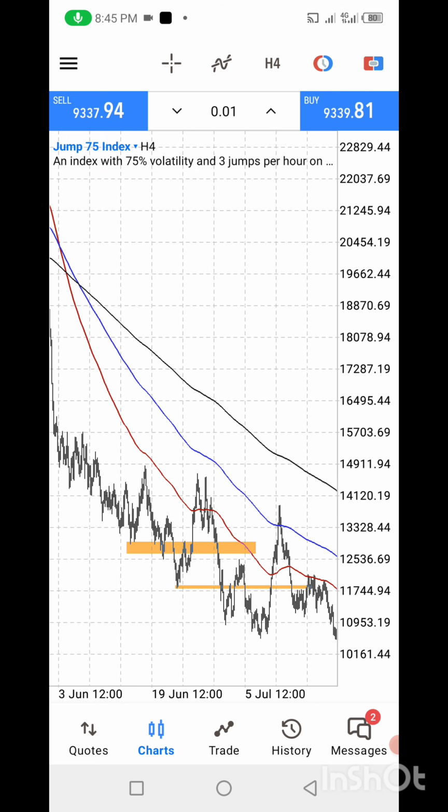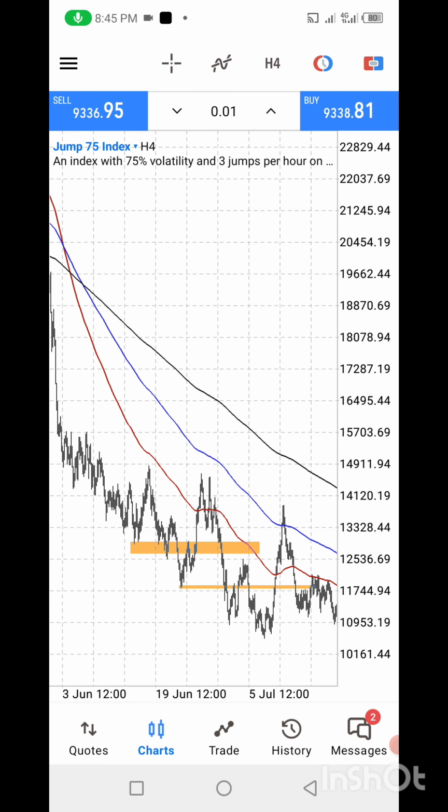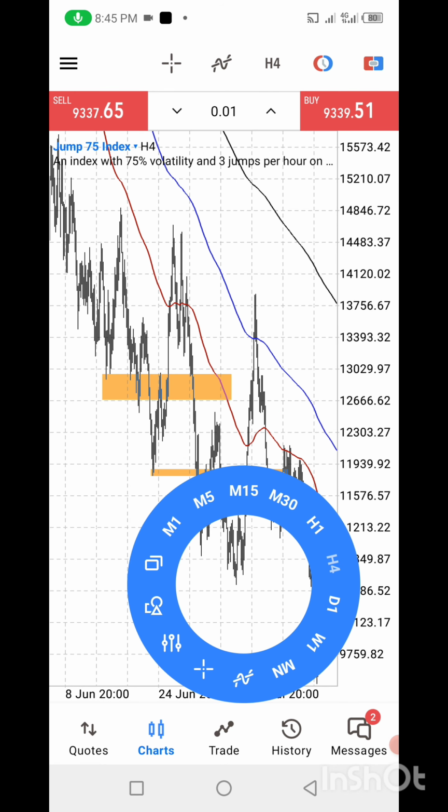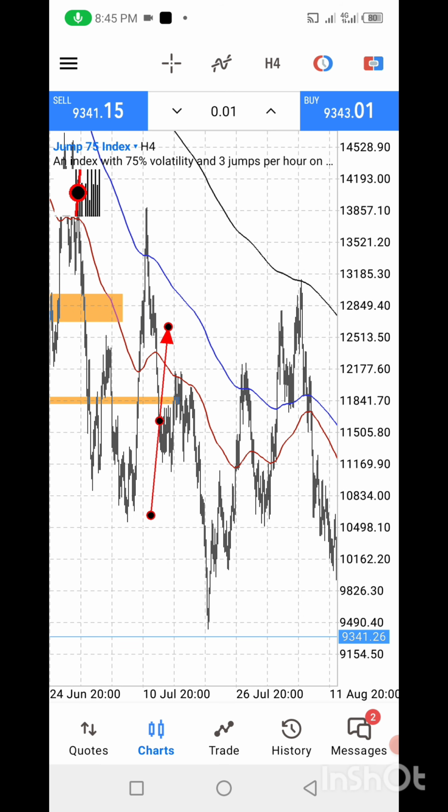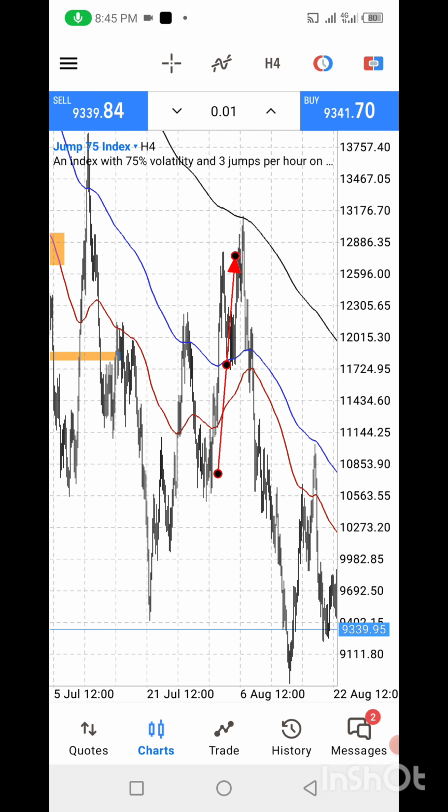Then for continuity, you study the characteristics of the loop. Each time price gets into the red and blue, it produces a sell signal. So let price get into the red and blue and you can get some sells. Even if you are taken out, the black is there to provide another signal.